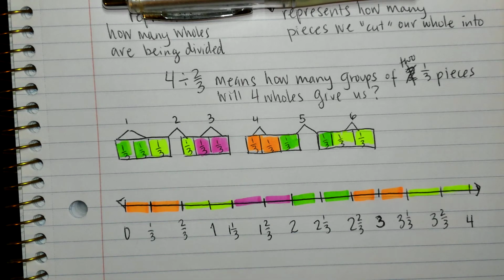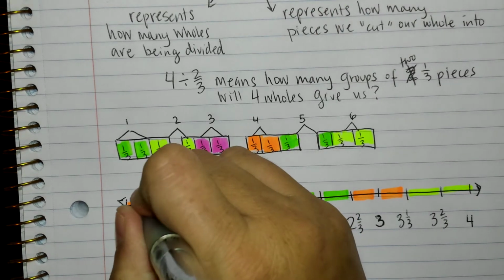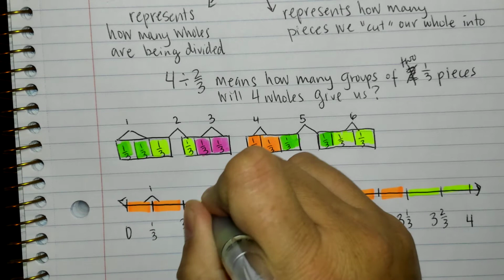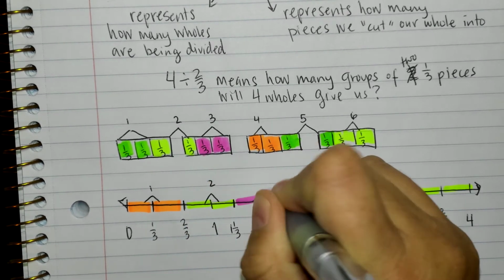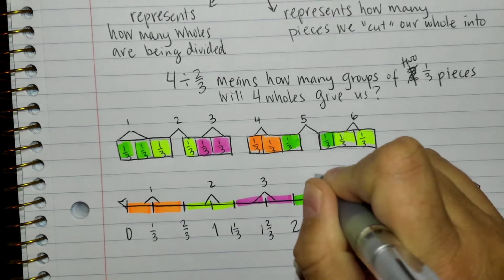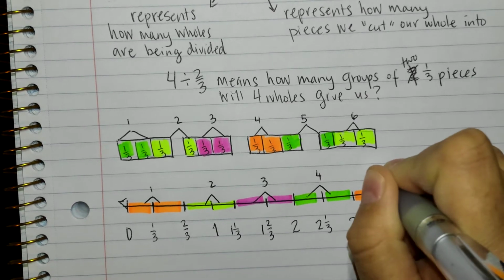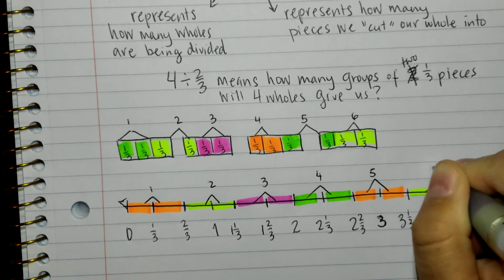And then I'm just going to do the same exact thing that I did with my bar model. And I'm just going to go ahead and show my groups. 1, 2, 3, 4, 5, 6.